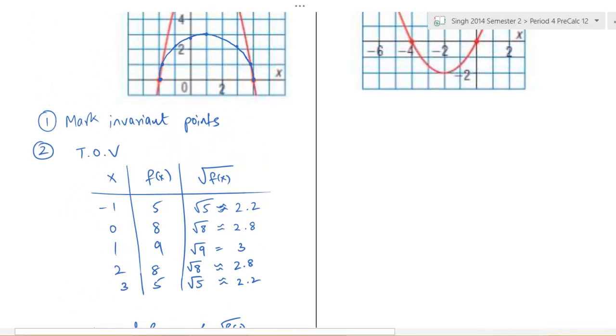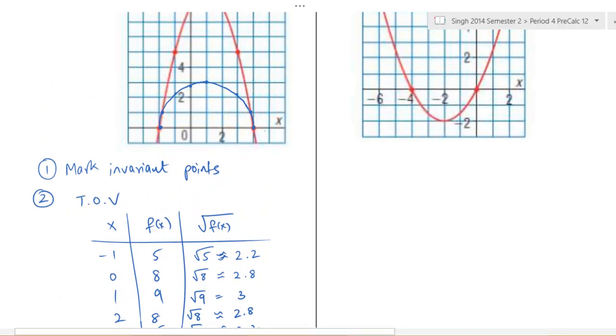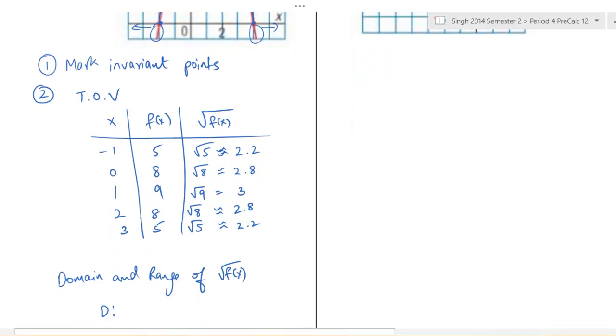Now I know that this particular function continues on in this direction and in this direction, but for x values bigger than 4 and x values less than -2, my new function is going to be undefined because the y values are negative here and negative here. So I'm going to ignore anything beyond those points. I'm only going to look at the x values between -2 and 4 because that's where my function is defined.